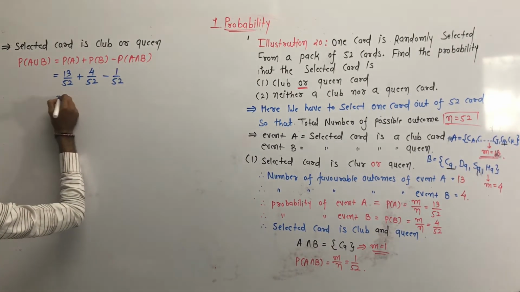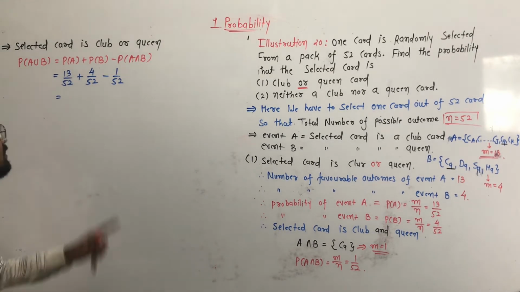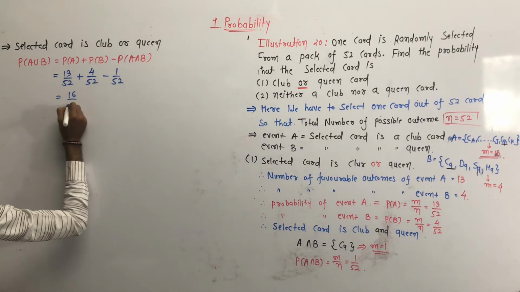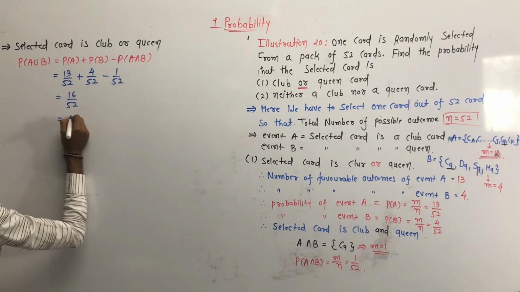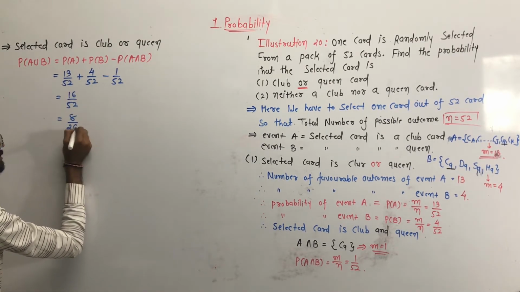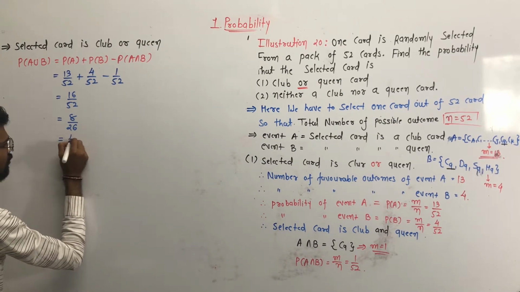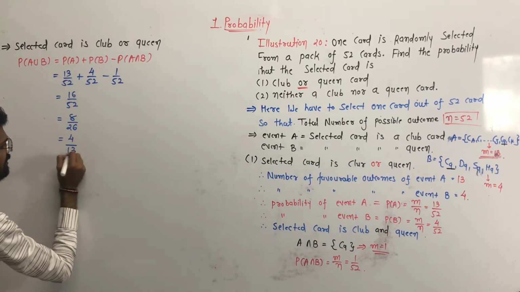So 13 plus 4 is 17, 17 minus 1 is 16, so it is 16 by 52, which is 8 by 26, and also 4 by 13.